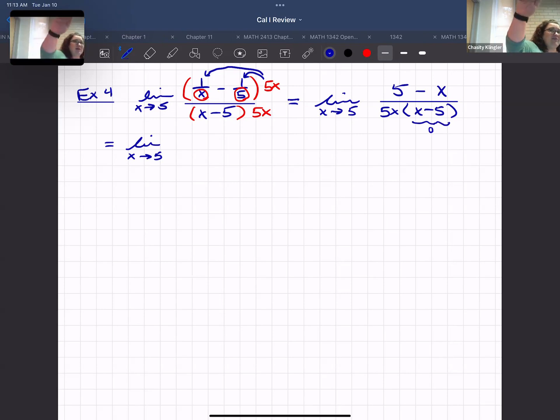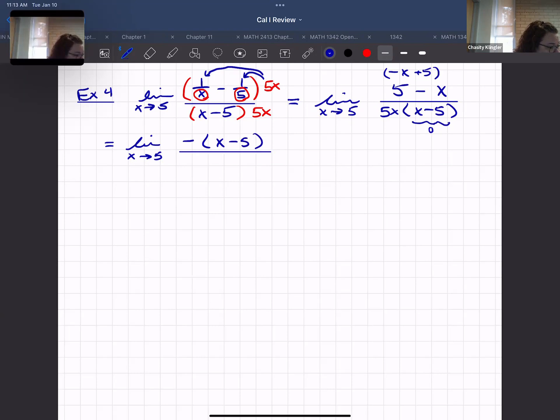And notice 5 minus x looks real similar to x minus 5, but you're going to have to flip it around and pull out a negative for it to cancel out. So if you think of this as negative x plus 5, pull that negative out. And then you've got the x minus 5 that will cancel with the x minus 5 in the denominator, which was our problem.